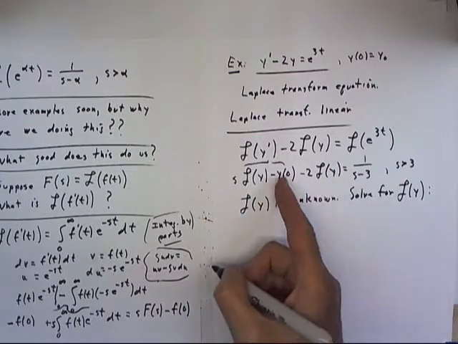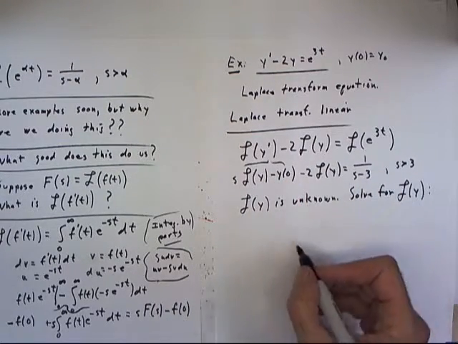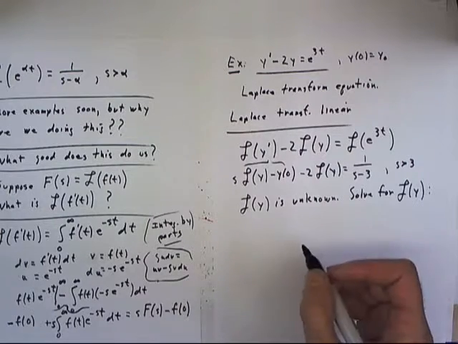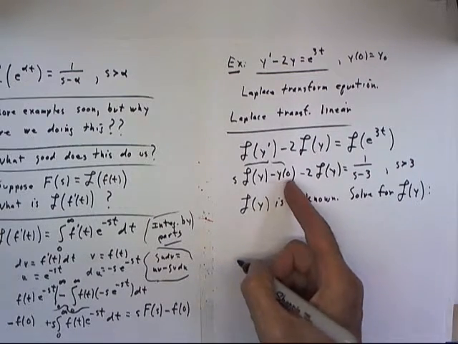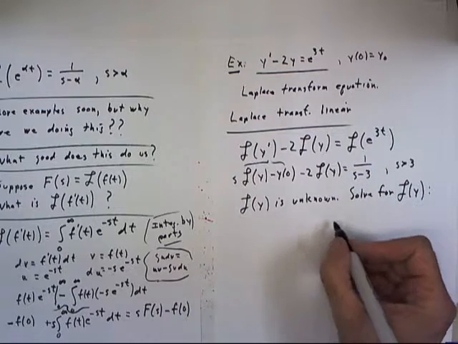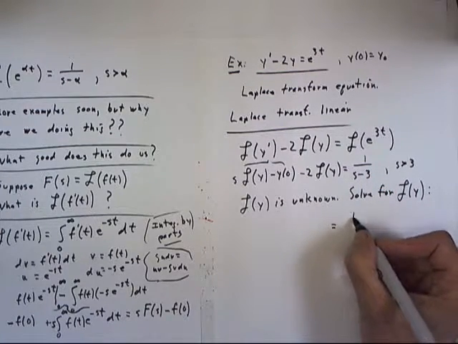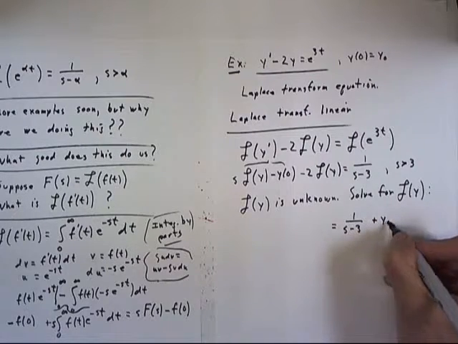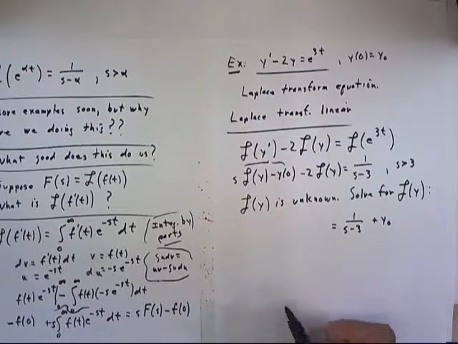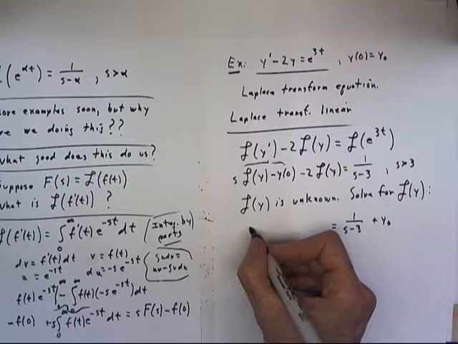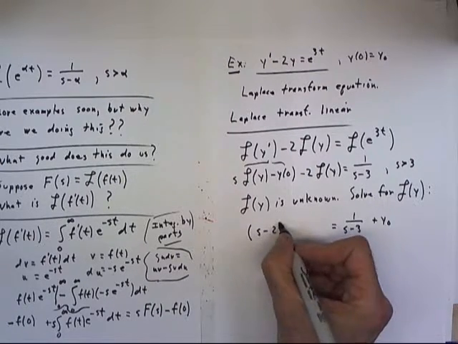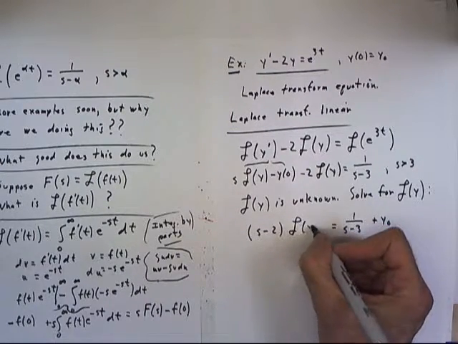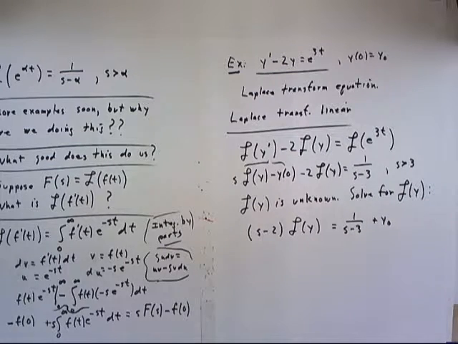Easy enough to do. Let's add the y naught over to this side, and y of 0 is y naught, so I'm going to write it that way. So the right-hand side is going to become 1 over s minus 3 plus y naught. The left-hand side is just s minus 2 times the Laplace transform of y.